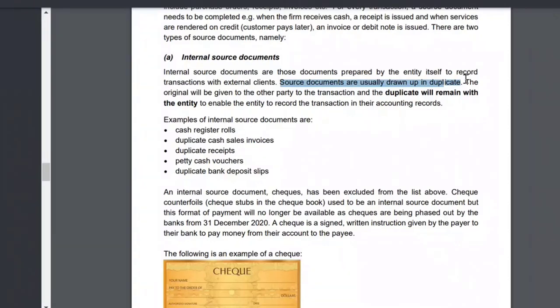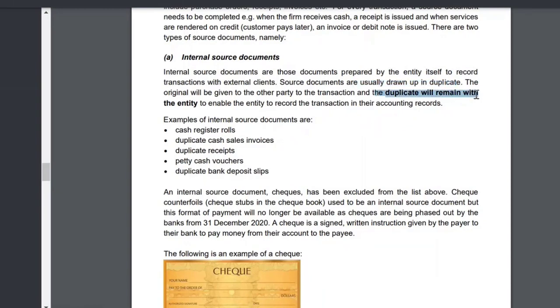The original will be given to the other party to the transaction, and a duplicate will remain with the entity to enable the entity to record the transaction in the accounting records. Number one, an internal source document is prepared by the entity itself. Number two, it is usually drawn up in duplicate.